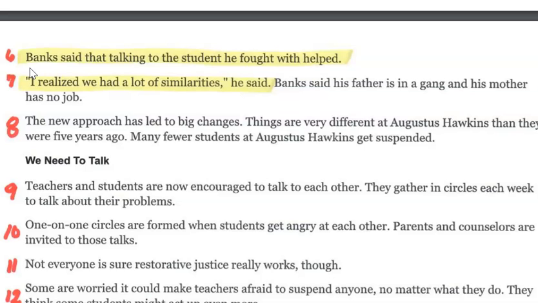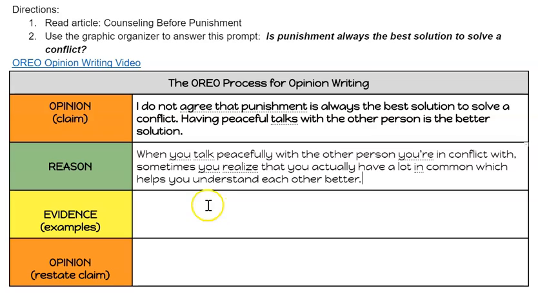Now, boys and girls, you can actually just copy paste or quote these lines directly into that graphic organizer. But what I'm going to do is put them together and paraphrase. So here's how that will look paraphrased in my graphic organizer.